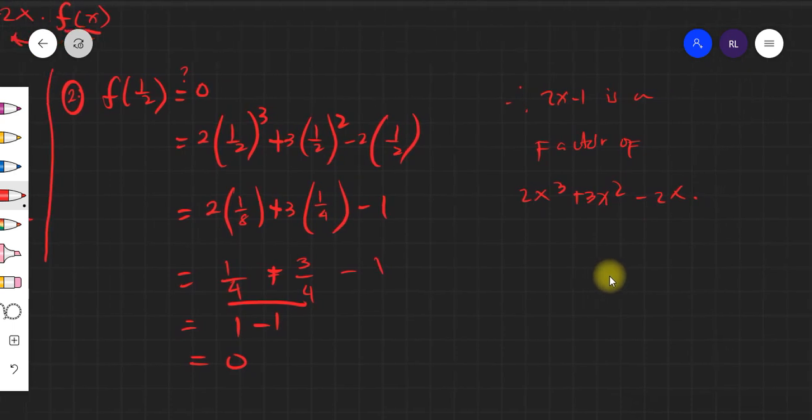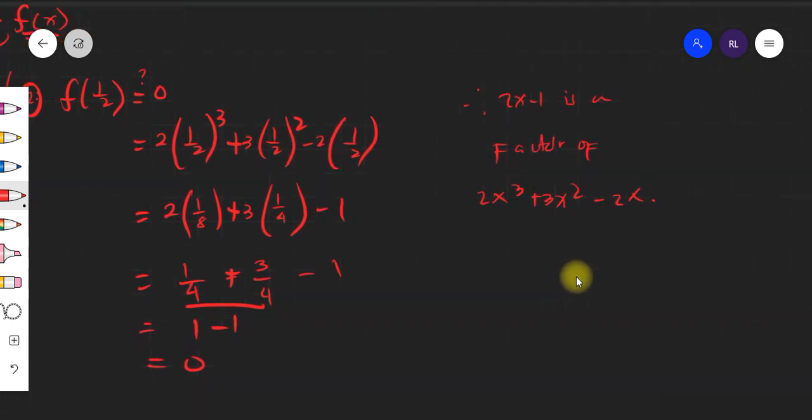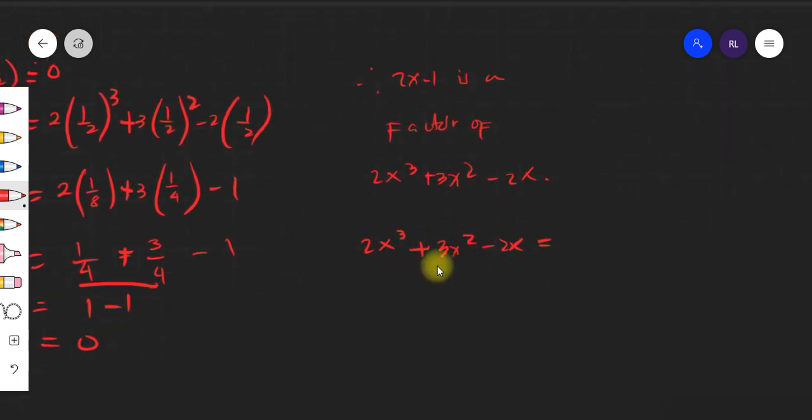So what it tells us is that if there are 3 factors of this polynomial, I'm just extending the concept, if we can completely factor this into 3 factors, since that is a cube, one of them is 2x minus 1, and there's still more.